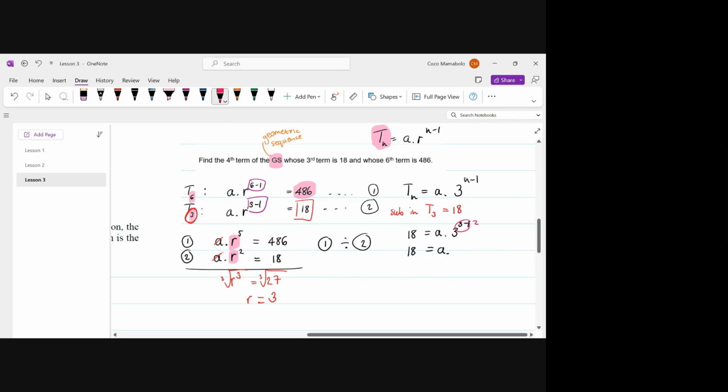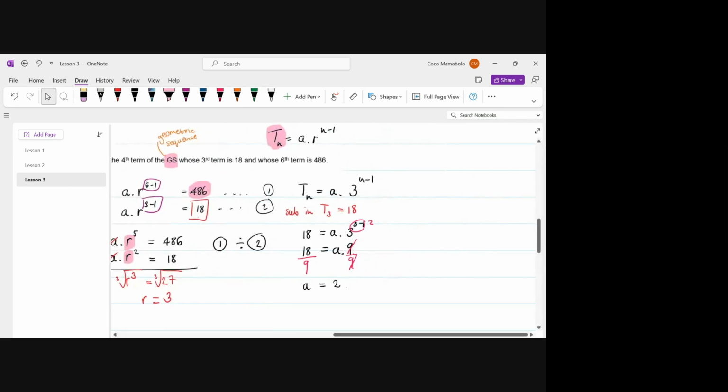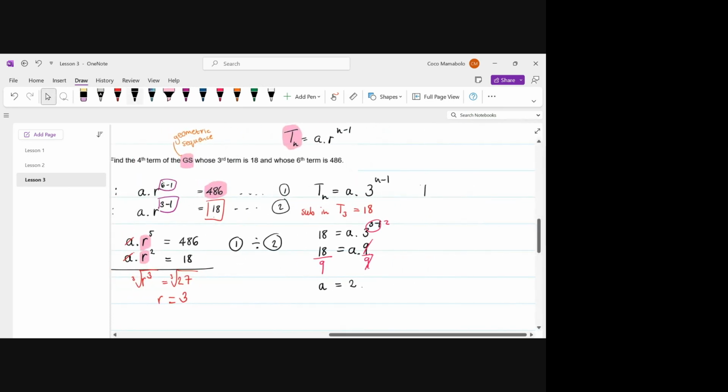That's 3 squared, and 3 squared is 9. I want a on its own, so I'm going to divide this side by 9, divide this side by 9. Cancel, cancel. And therefore, a would equal 2. Okay. So we can put that together. We're not quite done. So we'll get Tn is equal to 2 times 3 to the power of n minus 1.